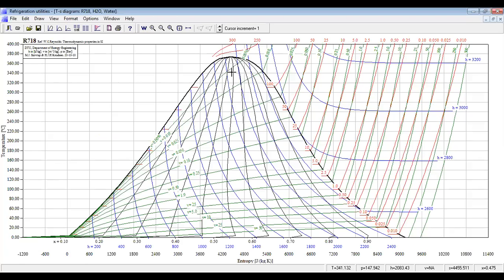So let's say, any chance to draw? This is in temperature 400, or on top here, 400 and pressure 60 bar.